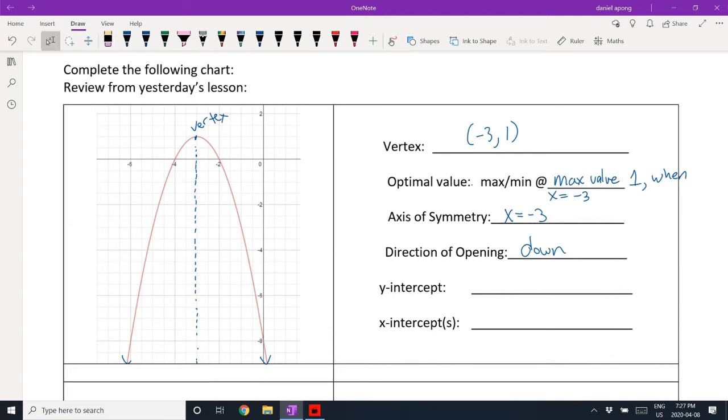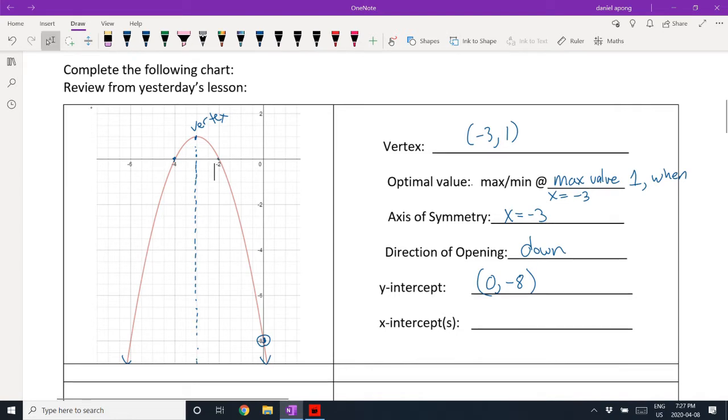What is the y-intercept of this graph? Where does the line of the parabola cross the y-axis? We can see the y-intercept right over here. So we can state it as 0, -8. And now let's find the x-intercepts, also known as the zeros. That's where the parabola crosses the x-axis. We can see those points over here and here.